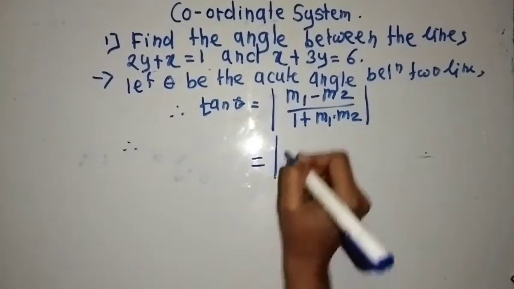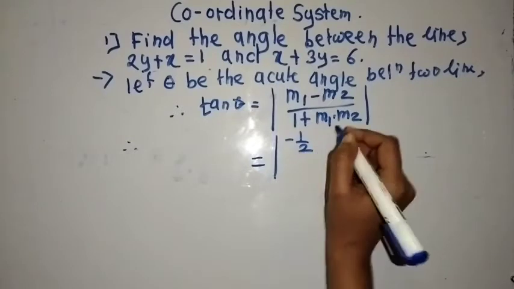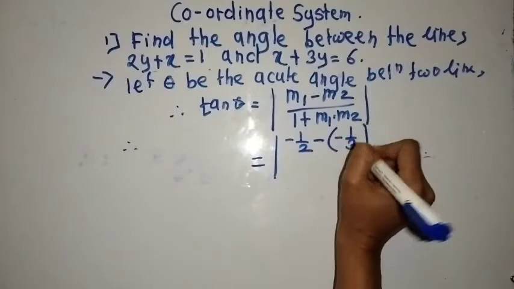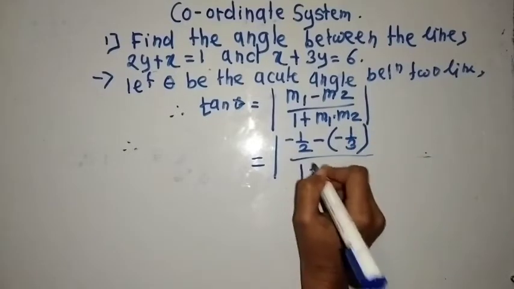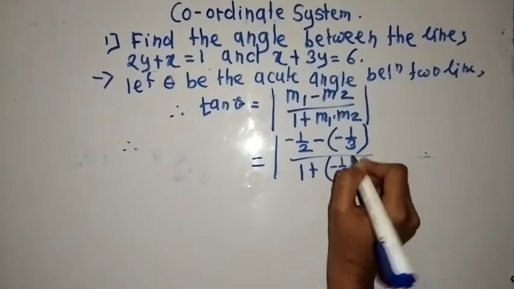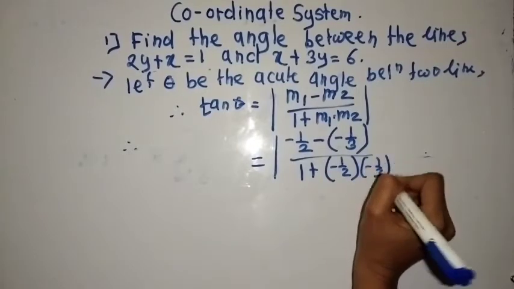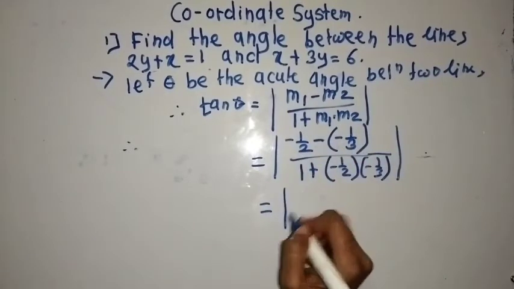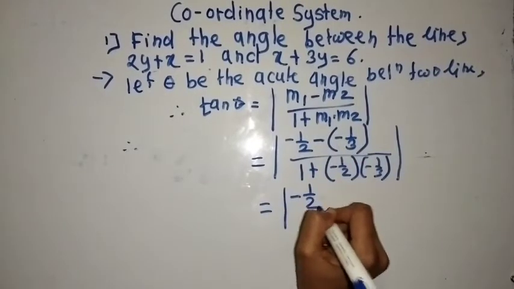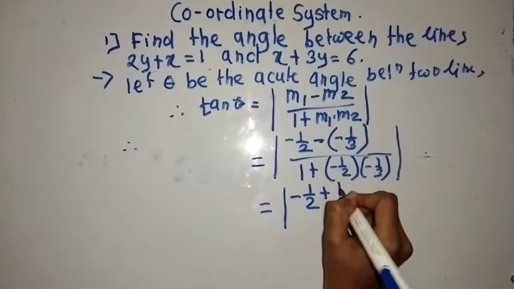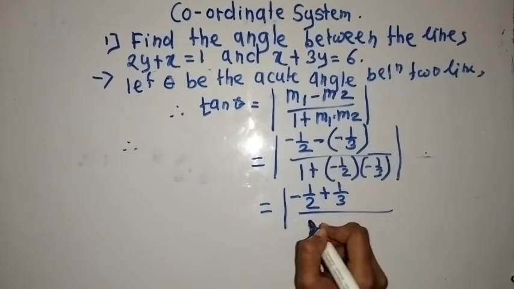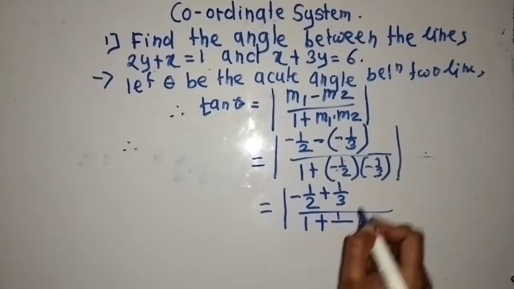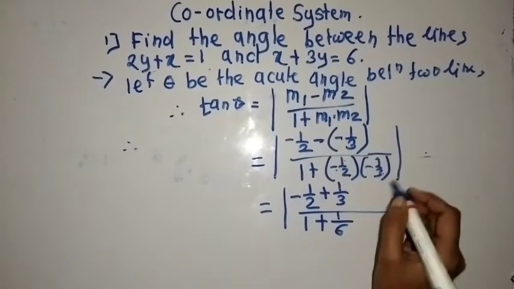Here M1 is minus 1 upon 2 and M2 is minus 1 upon 3. Hence we get minus 1 by 2 plus 1 by 3 upon 1 plus 1 upon 3 into 2, that is 6.